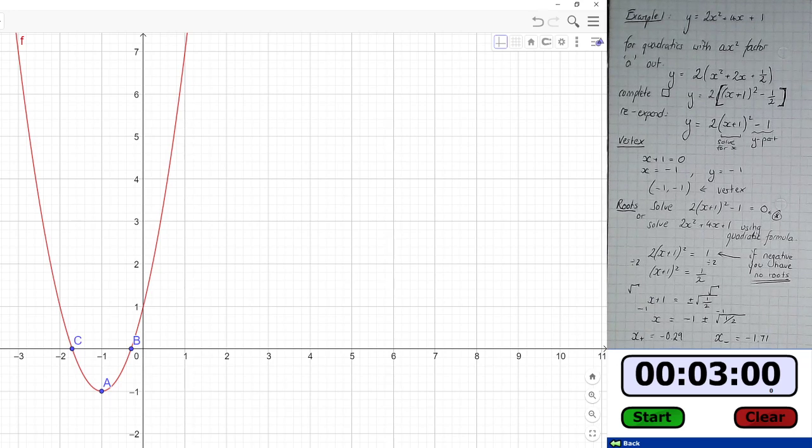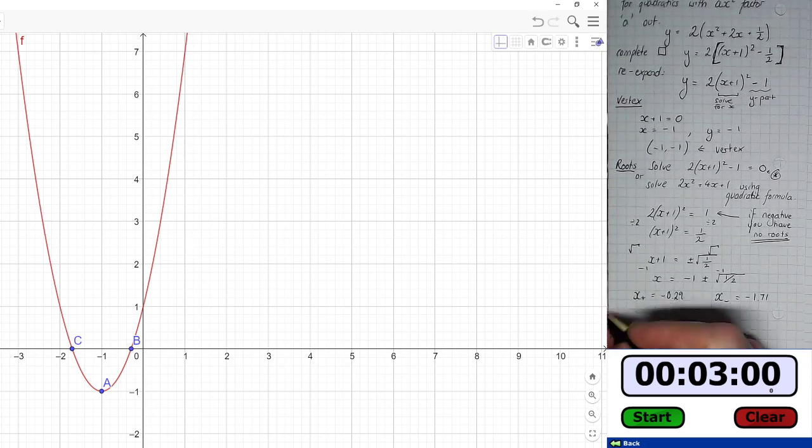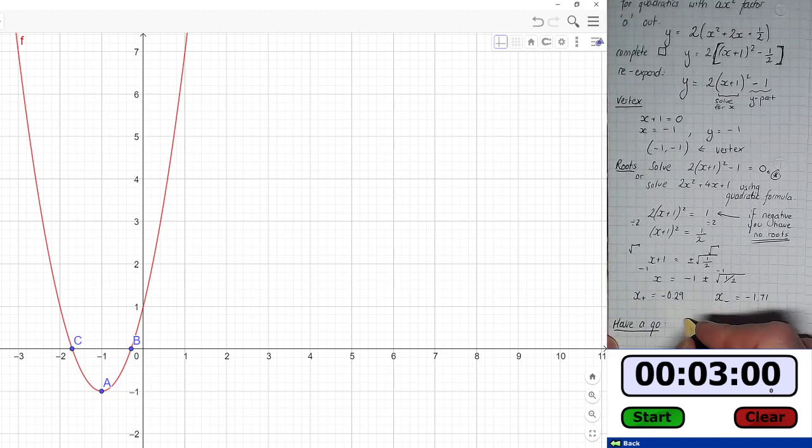So, what I would like you to do now, this is the part where you have a go for a little bit. I would like you to have a go at the quadratic 2x squared, take away 4x, plus 4.